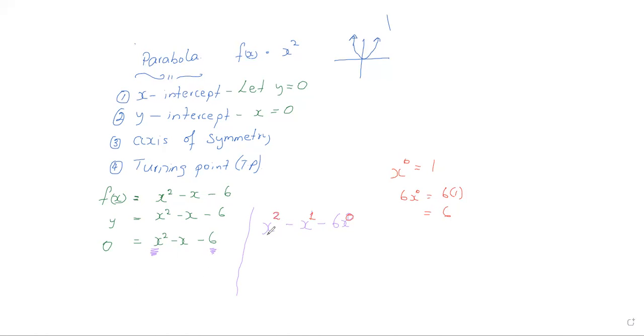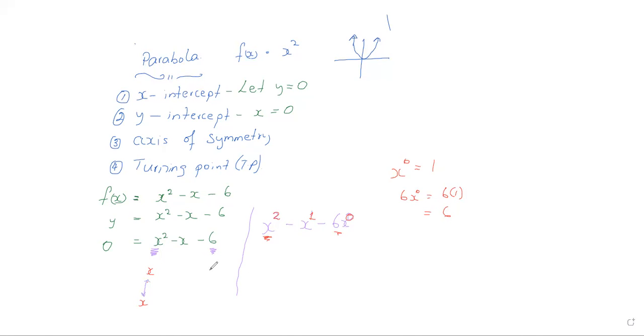So, you get the factors of the first term and the factors of the last term. Here, if I multiply x by x, I will get x squared.